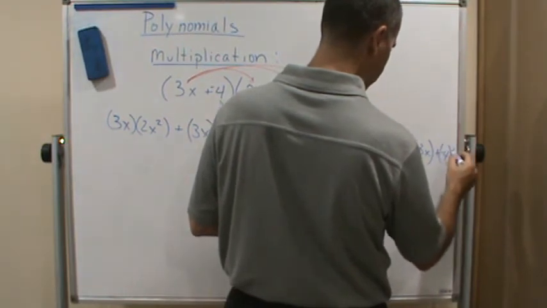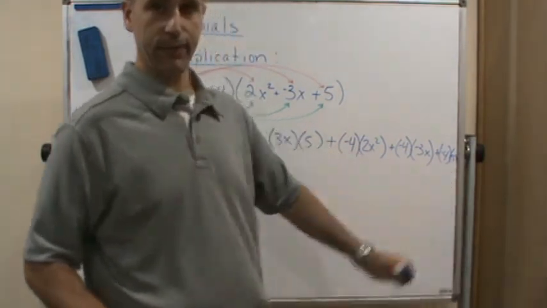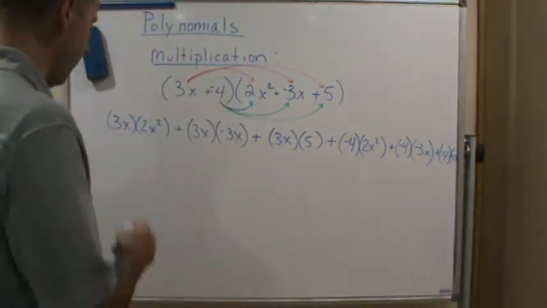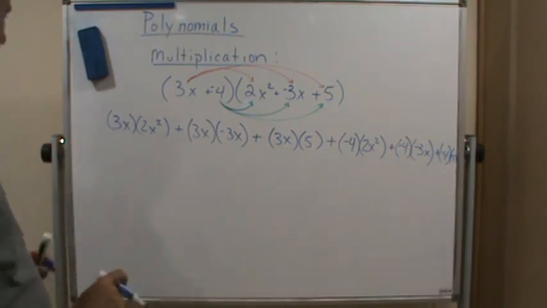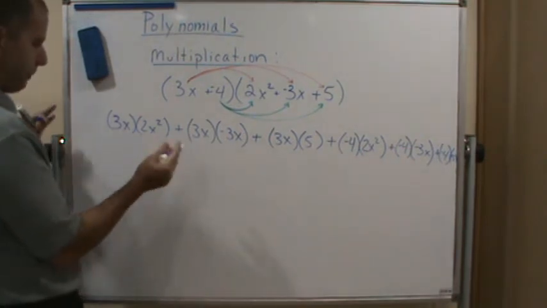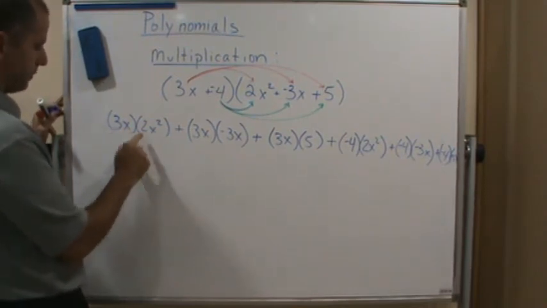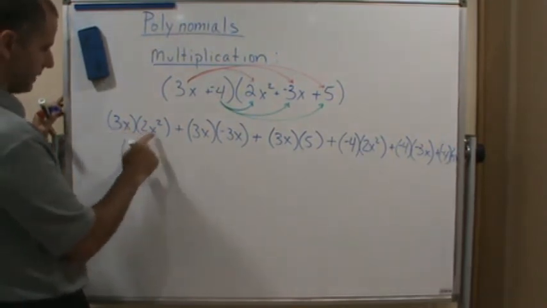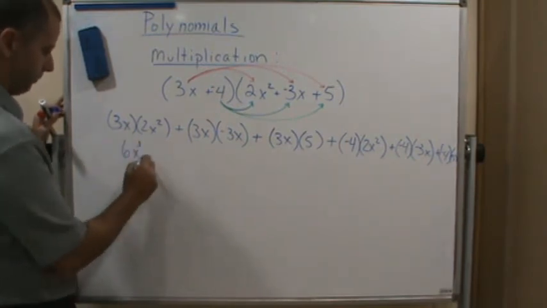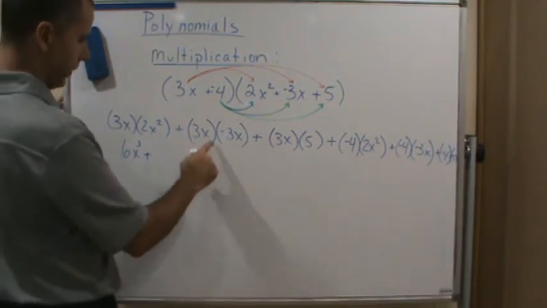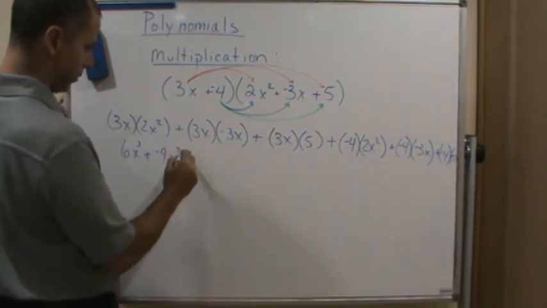Sorry about crunching up here. This is just negative 4 times 5. I'm sorry if you can't see that. Okay, so now I'm going to simplify things. I'm going to use my properties: 3 times 2 is 6, x times x squared is x to the third. Plus 3 times negative 3 is negative 9, x times x is x squared.